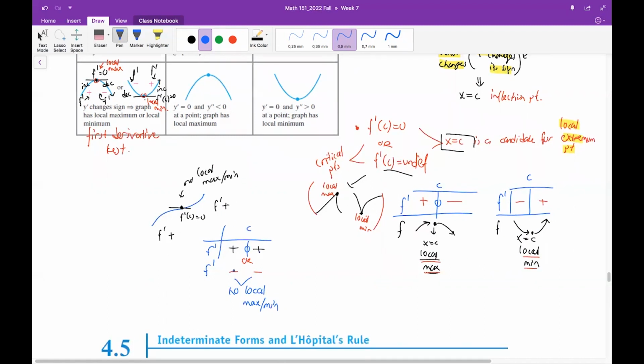If it does not change its sign, as you can see in this figure, or in this figure, there is no local max or local minimum point. f prime is negative, f prime is still negative, it doesn't change sign, so no local max or min point. Also here.